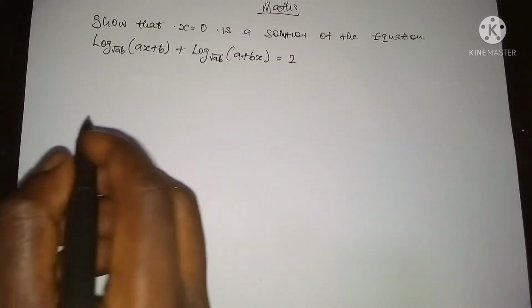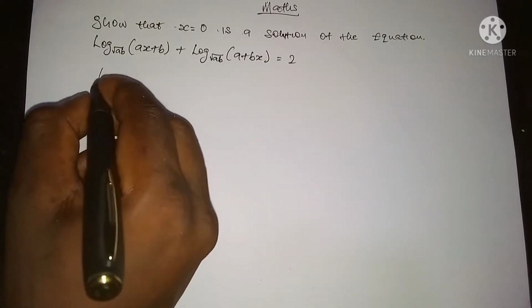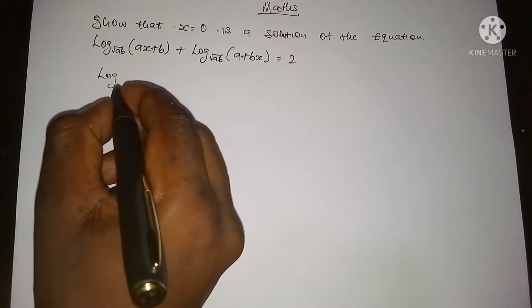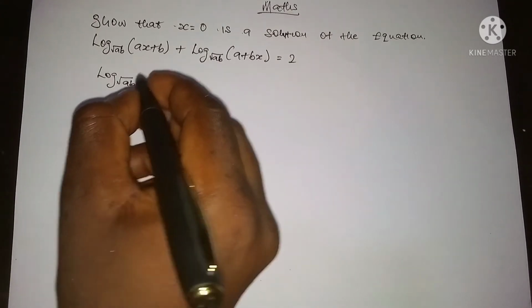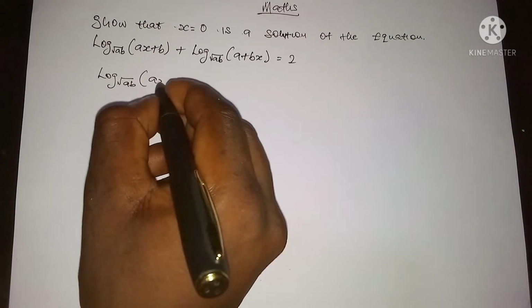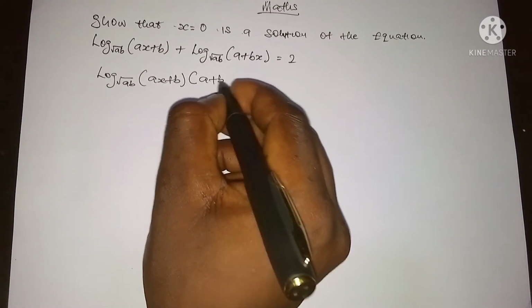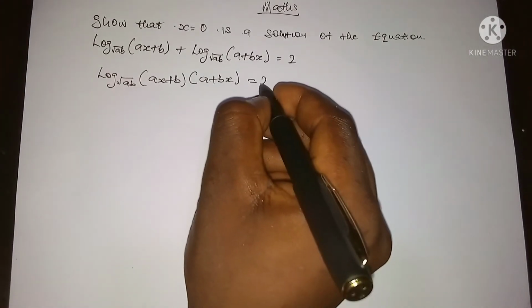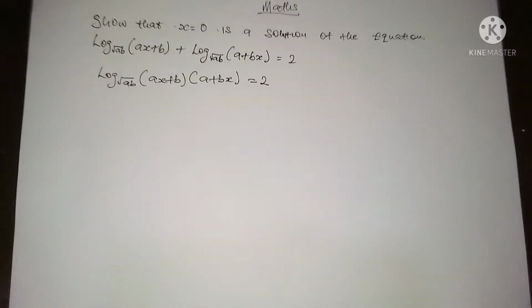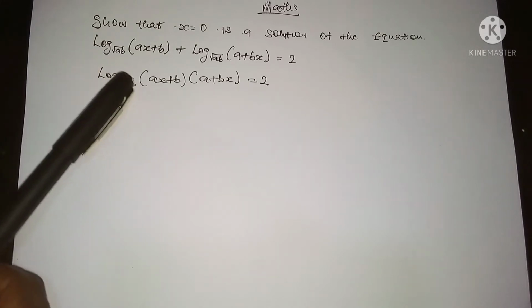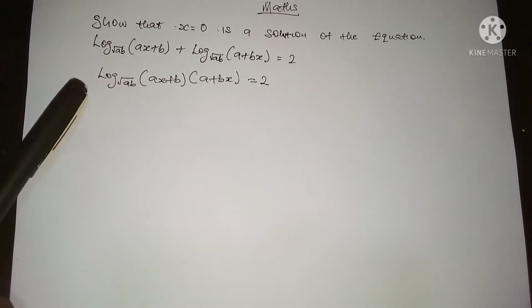If we do that, we have log to base ab of (ax plus b)(a plus bx) is equal to 2, because the bases are the same, so we are using just one log and one base.